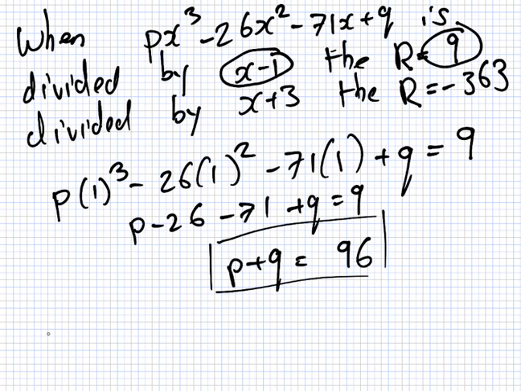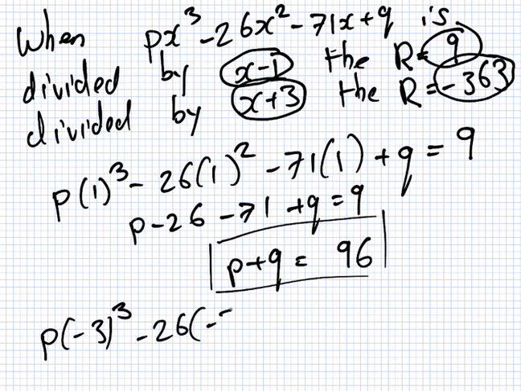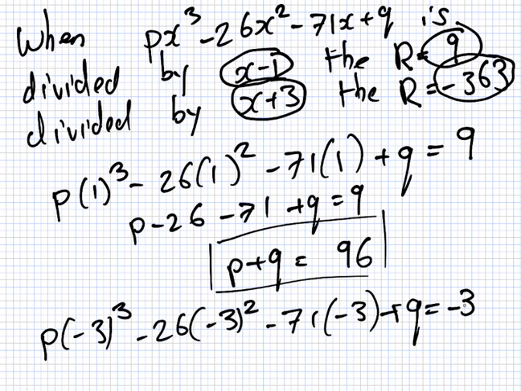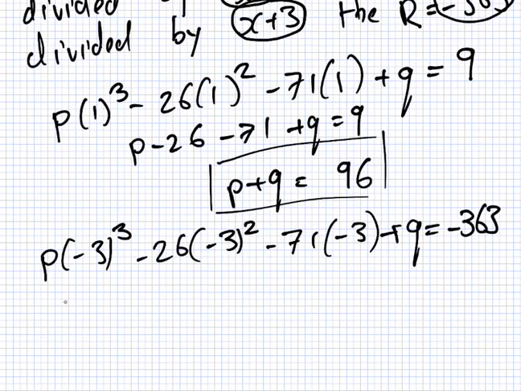Now, when I use x equals minus 3, I should get minus 363. So p times minus 3 cubed minus 26 times minus 3 squared minus 71 times minus 3 plus q should equal minus 363. That's minus 27p.